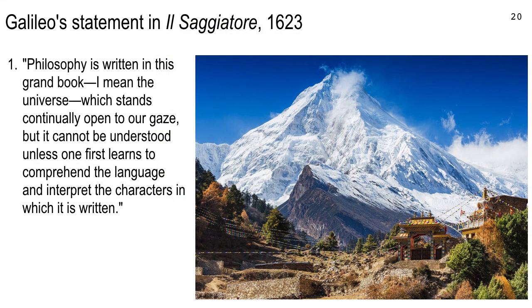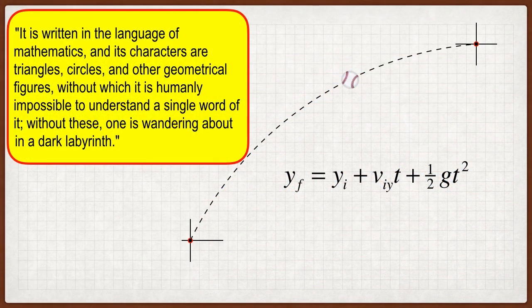Now, here's the critical statement, the most important statement for us about what we see. What does the observer see? Philosophy is written in this grand book, I mean the universe, which stands continually open to our gaze. But it cannot be understood unless one first learns to comprehend the language and interpret the characters in which it is written. So the observer is looking into this book. What is the language? It is the written language of mathematics.